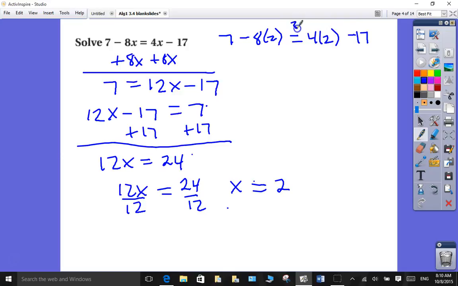And we'll put a question mark because we don't know that that's true. 7 minus 16 equals 8 minus 17, question mark. 7 minus 16 is? Negative 9. 8 minus 17 is? Negative 9. Okay, and then by reflexive property, that's true.